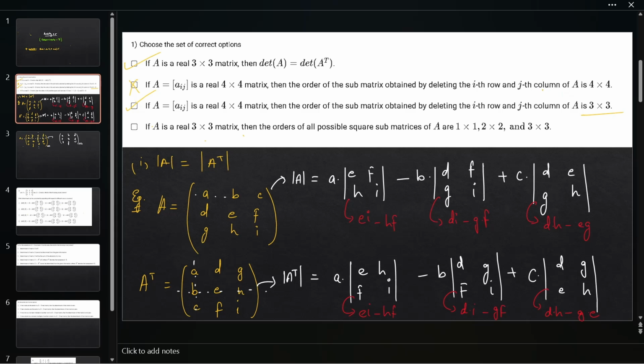Now, option 4 says that if A is a real 3 cross 3 matrix, then the orders of all possible square submatrices are 1 cross 1, 2 cross 2, and 3 cross 3. First, the question arises: what are submatrices? Submatrices are the matrices obtained by deleting some rows and some columns.